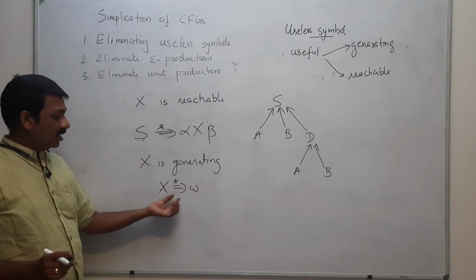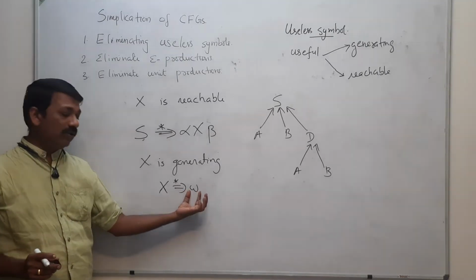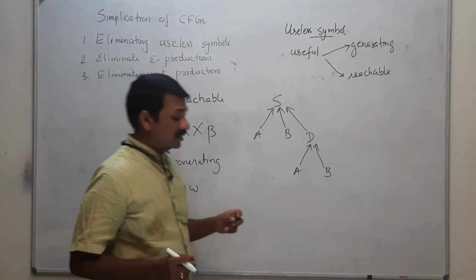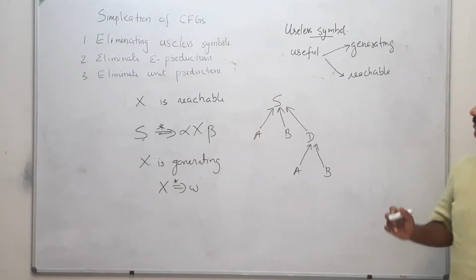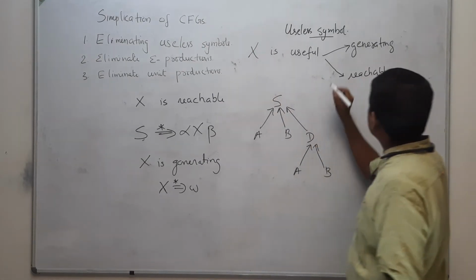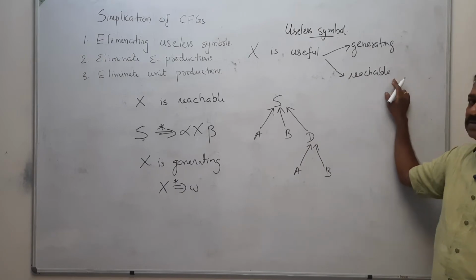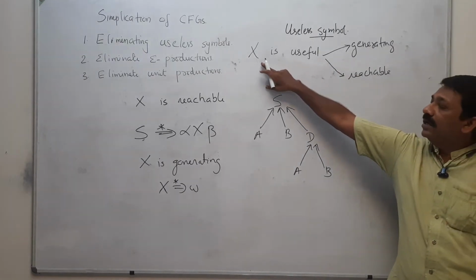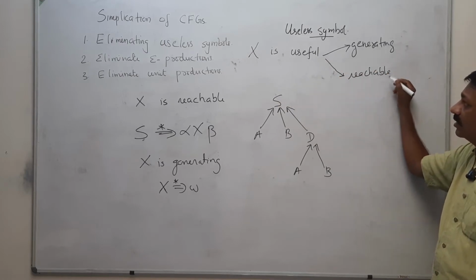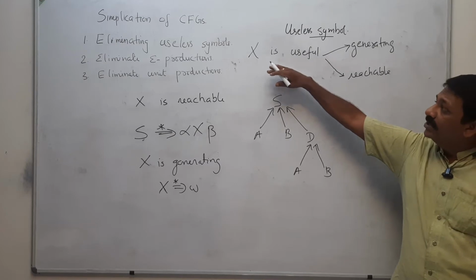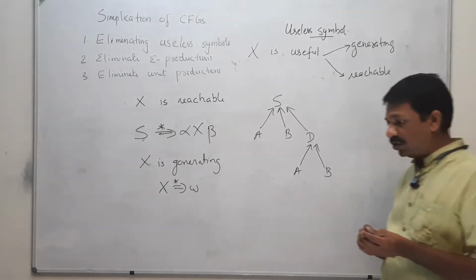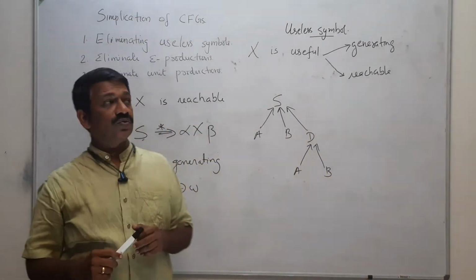A symbol X is useful if it is both generating and reachable. And if it is not useful, that symbol is said to be useless.